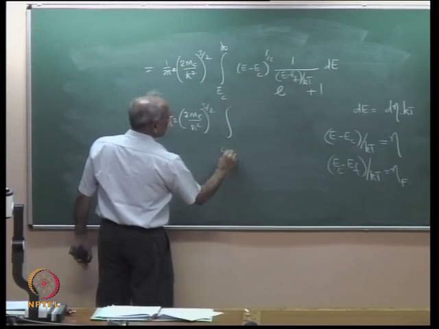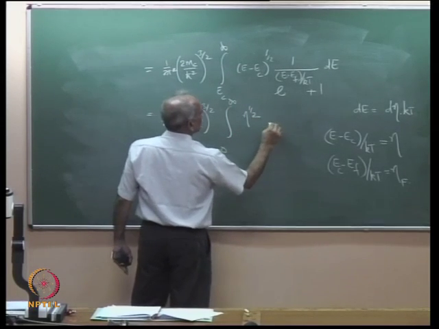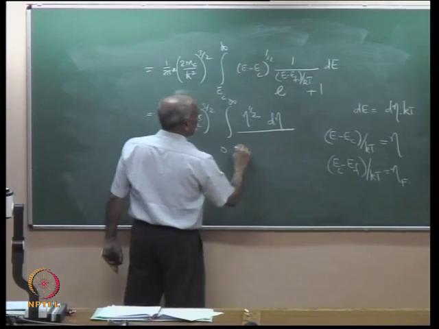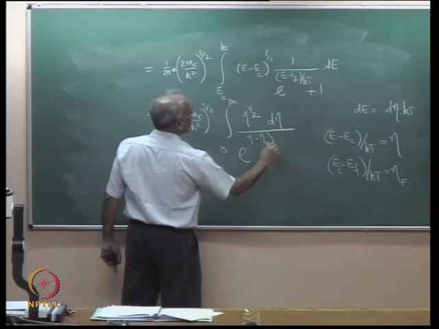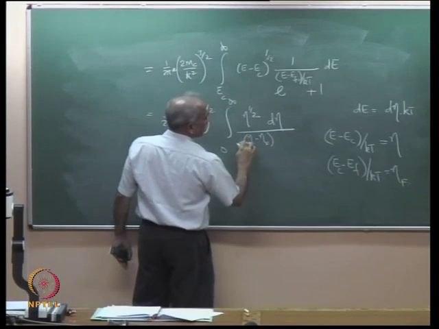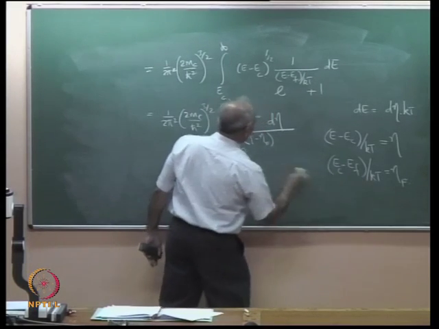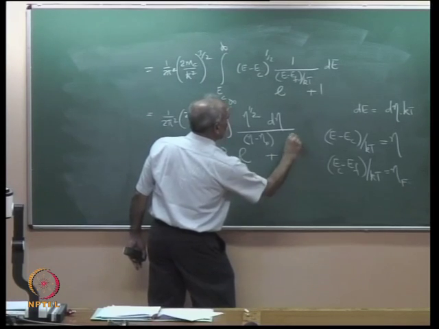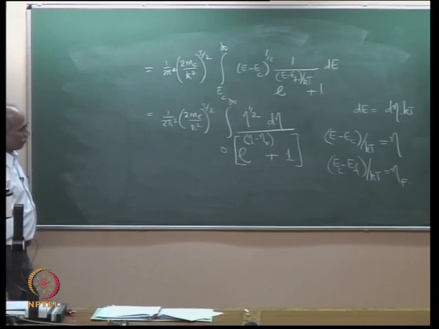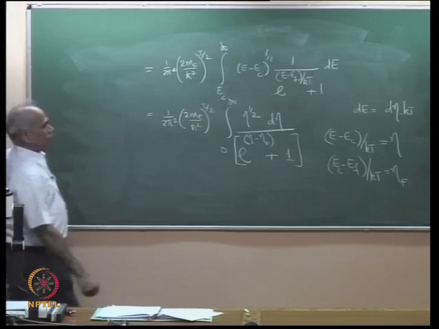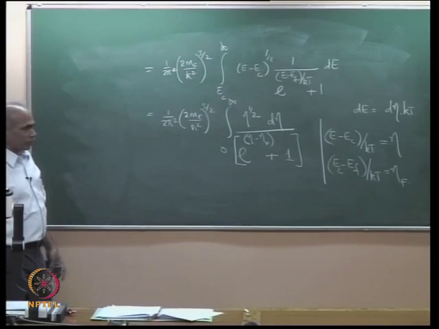So I have the integral from 0 to infinity of eta to the power half d eta divided by e to the power eta minus eta f plus 1. Eta is already dimensionless. These are the substitutions. You make these substitutions and you see that you get this expression.